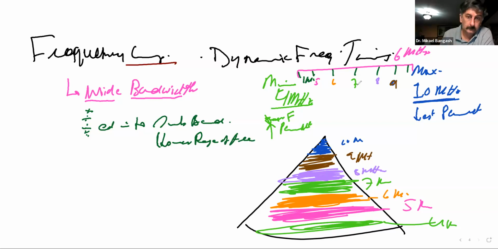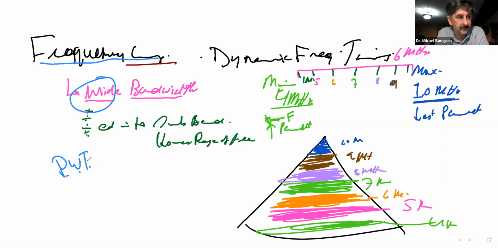Now, a must for having frequency compounding is that we will need a wide bandwidth. Which transducers give you a wide bandwidth? Pulse wave transducers.